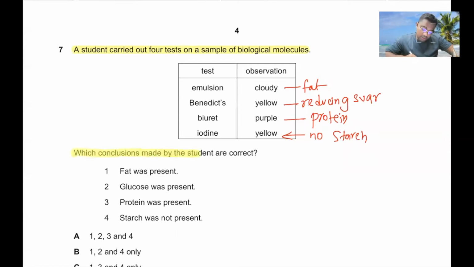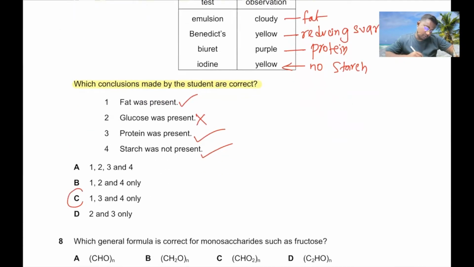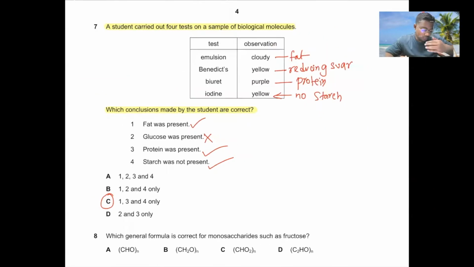Which conclusions made by the student are correct? Is fat present? Yes. Glucose was present? Cannot tell. Protein was present? Yes. Starch was not present? Yes. All right. So 1, 3, and 4. The student can conclude comments 1, 3, and 4. 7C is the correct answer.